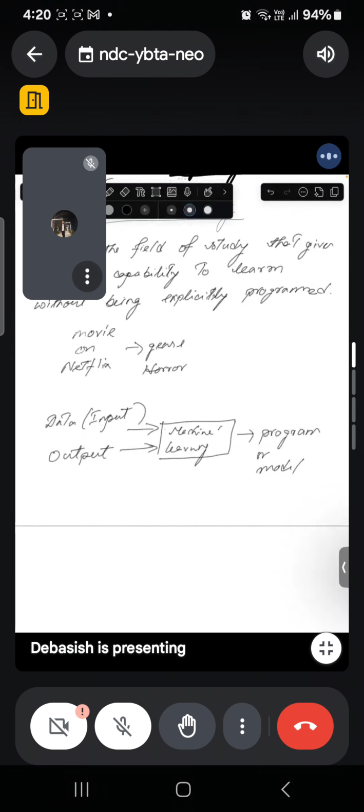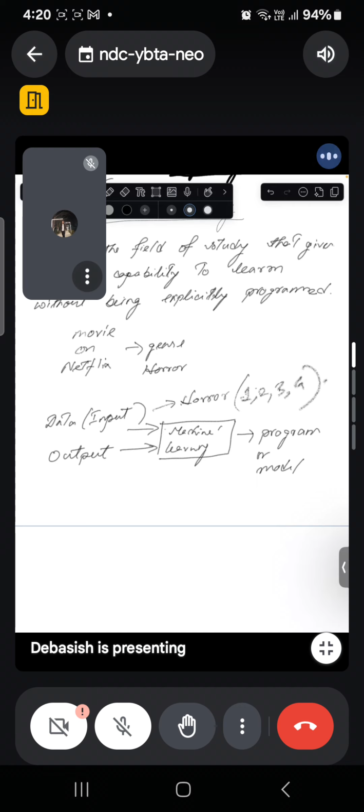So what I mean to say is, let's say we give some data. You want to watch this type of movie. If you choose horror, there will be some category, the horror movie category, with some movie names, 1, 2, 3.